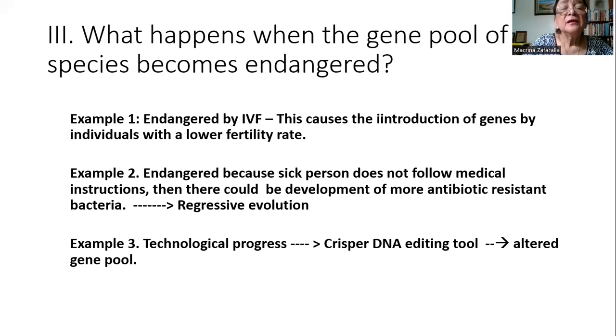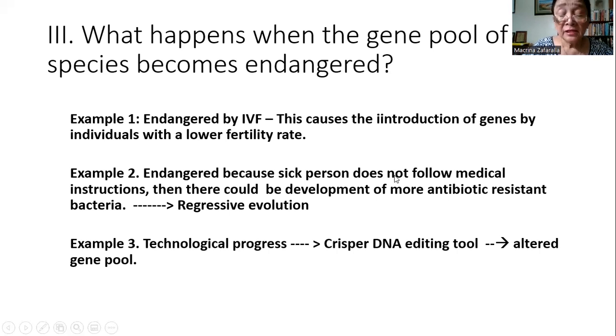Now, that leads to the development of antibiotic-resistant bacteria. These are the bacteria that were not killed when the person stopped taking the antibiotics before all the bacteria were killed. This type of phenomenon is called regressive evolution. It is regressive because it is headed towards the lesser beneficial condition.